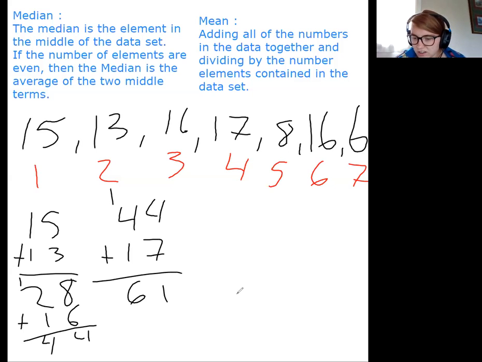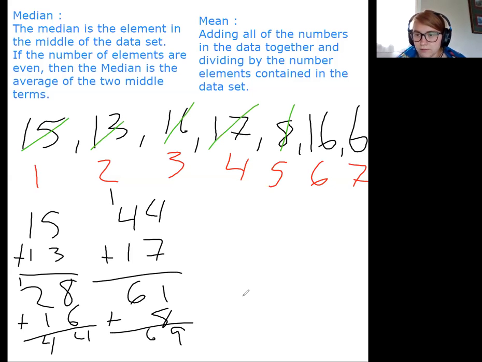I should probably mark these off as I do it so I don't get confused. We did 15 and 13, we did 16, we did 17. Now we need to do 61 plus 8, which is 69. So we can go ahead and cross off that 8.